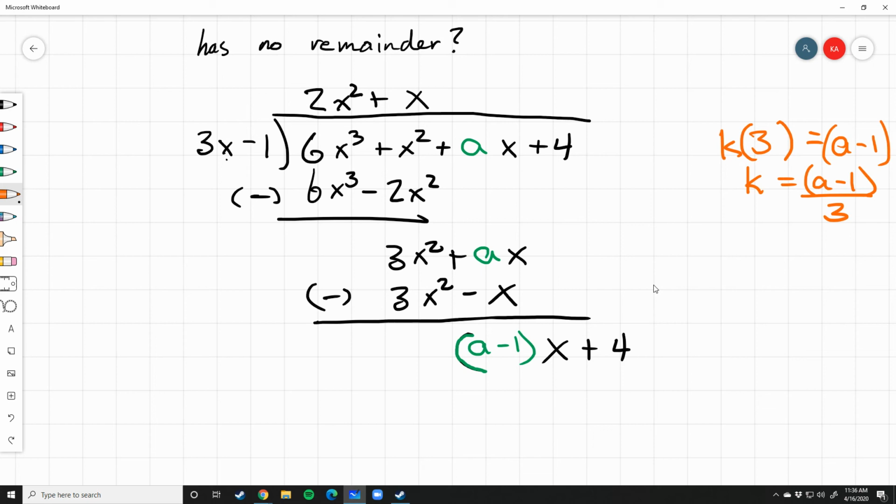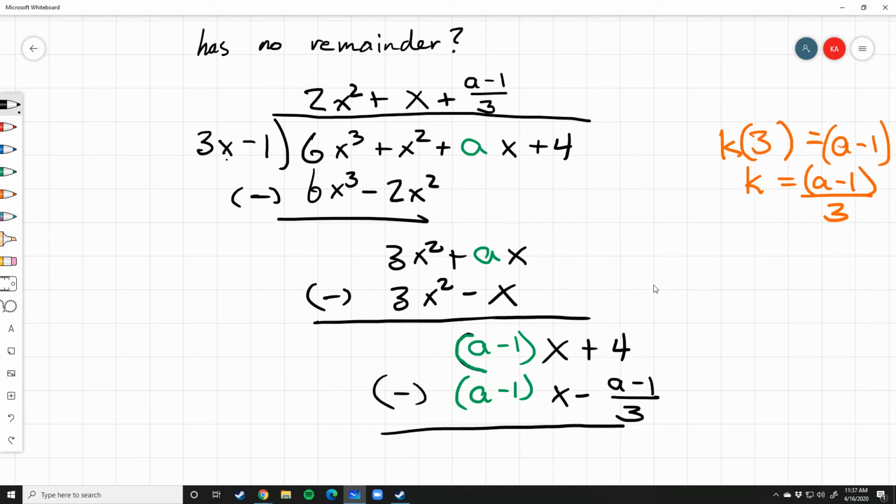So this last term up here is going to need to be a minus 1 over 3. A minus 1 over 3 times 3x should give us just a minus 1x. And then a minus 1 over 3 times negative 1 is just negative a minus 1 over 3.